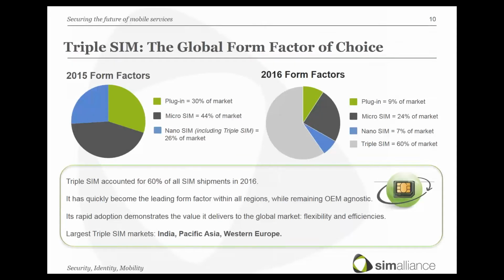And now you see a fairly, I would say, unique development into 2016 if you compare what happened to the numbers in 2016. The form factor that, by the way, didn't make up for the majority of the nano SIM numbers in 2015 has now gained 60% of the overall volume on a global scale, which is, I think, a fairly unique development from one year to the next.